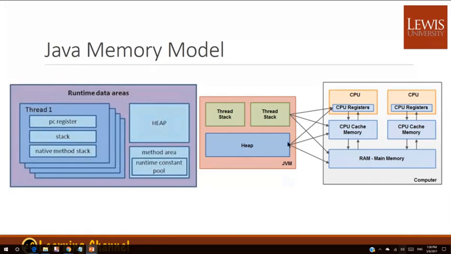Same thing for the heap. When you do programming, they can exist in different locations. And then your program or the CPU needs to be able to address the right copy. And that is also related to the cache coherence problem.